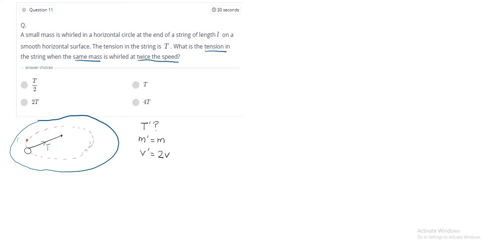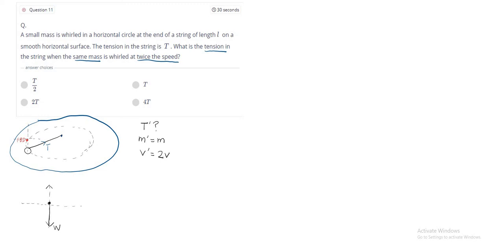Let's draw a free body diagram here. When you draw, again, a dot, then you have an axis. This axis is away from and towards the center of the circle. And this one punches through the table, through the horizontal surface. So if you draw the free body diagram, you involve the weight of the small mass.